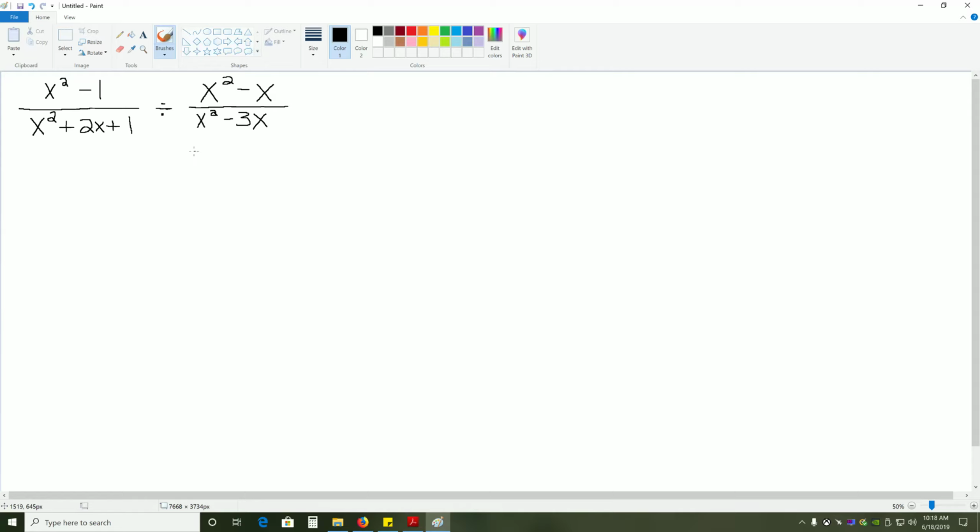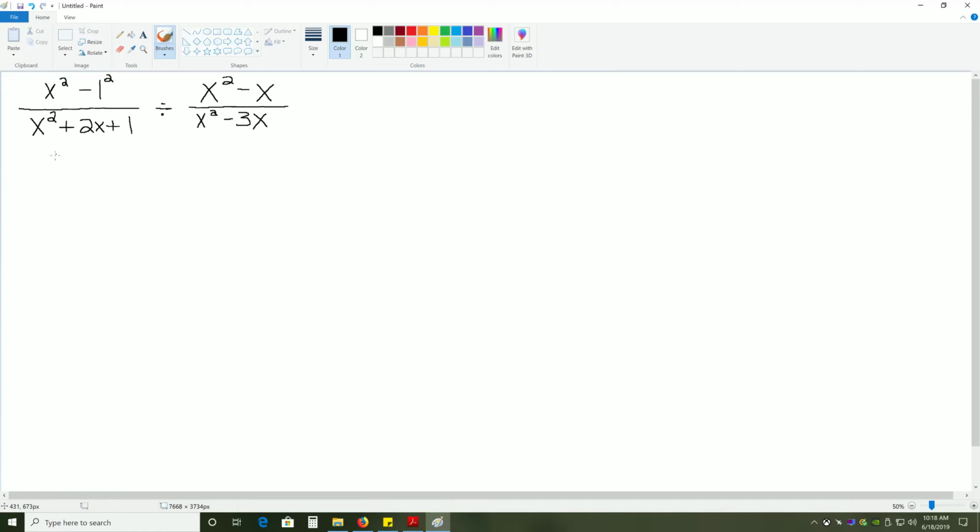The first thing that we should do when we're dealing with this type of problem is factor every single numerator and denominator that we possibly can. So in this first case, x squared minus 1, that should look familiar. That's our difference of squares example. Notice minus 1 is the same thing as minus 1 squared.